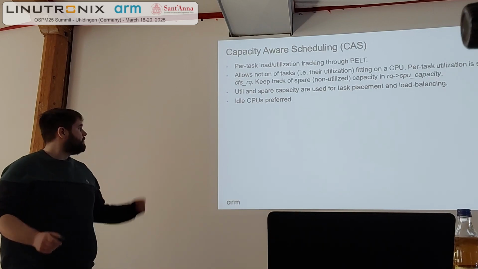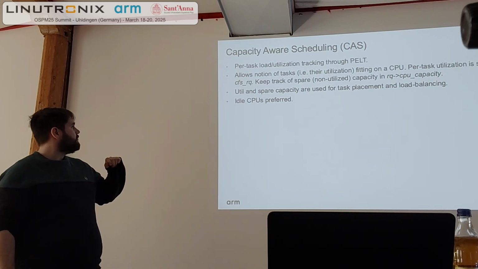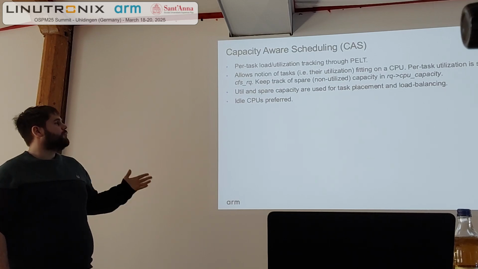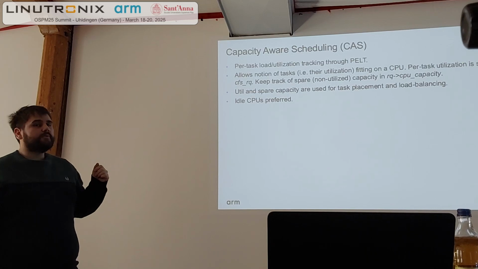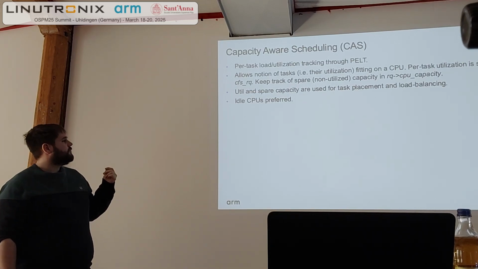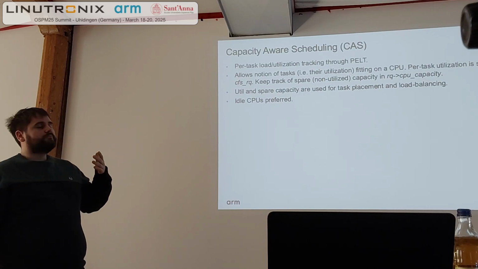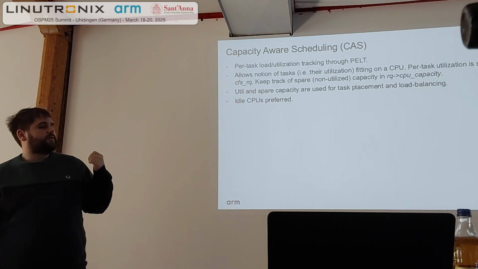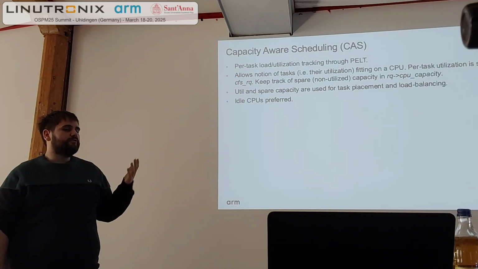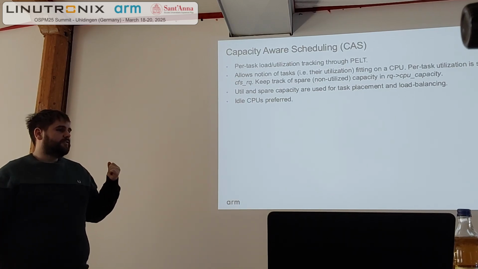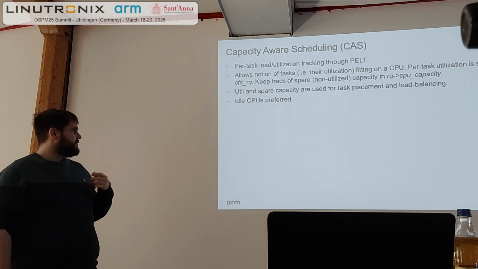So yeah, the underlying idea of CAS, which is what we do when we don't do EAS, is we have PELT, as discussed by Pierre too, which is we now have per task utilization signals. So we have a notion of a task potentially fitting on a CPU, and we can place it there.